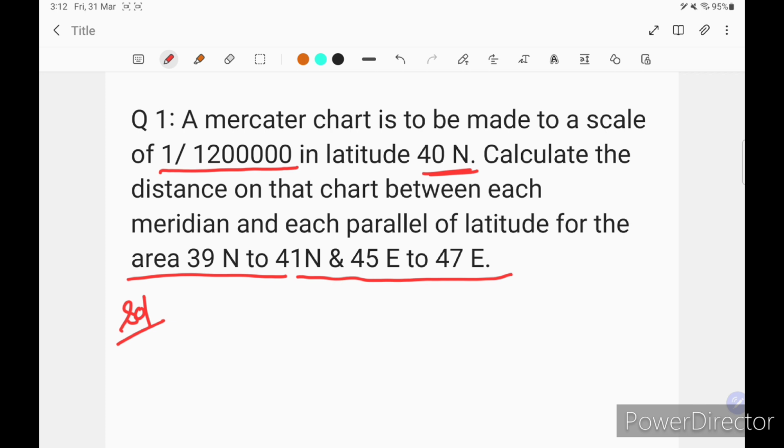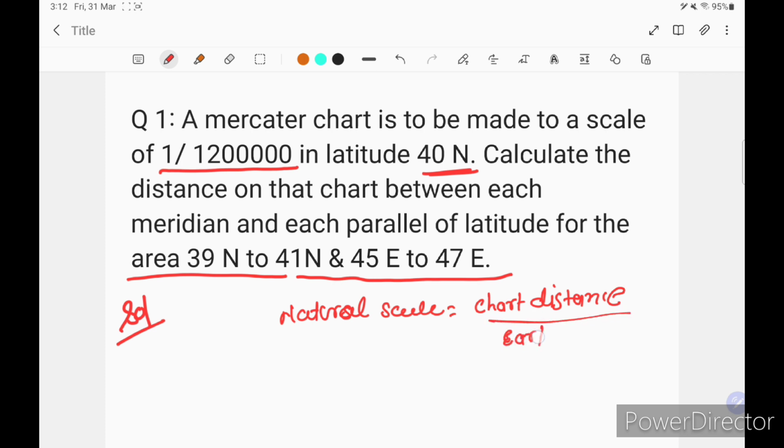Very easy. So what is given in the question? Natural scale. Natural scale is equal to chart distance divided by earth distance. See how I approach this question.